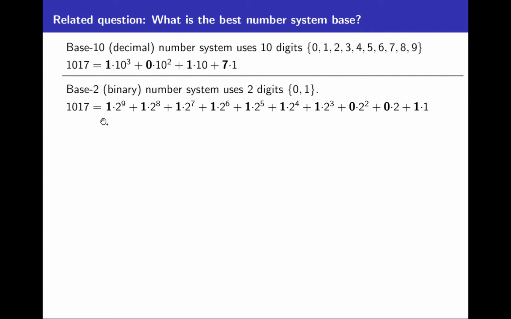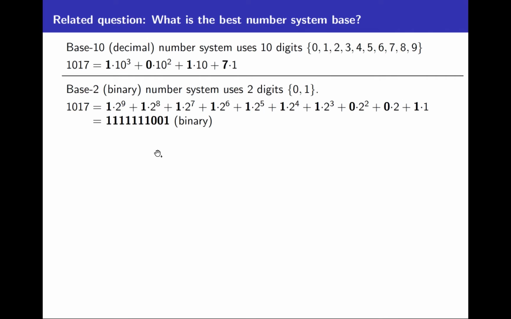Now, 1017 is 1 times 2 to the 9th, plus 1 times 2 to the 8th, plus 1 times 2 to the 7th, plus 1 times 2 to the 6th, plus 1 times 2 to the 5th, plus 1 times 2 to the 4th, plus 1 times 2 to the 3, plus 0 times 2 squared, plus 0 times 2 to the 1, plus 1 times 2 to the 0. So when you collect these bold coefficients for the powers of 2 that add up to 1017, you get this particular binary representation for 1017.